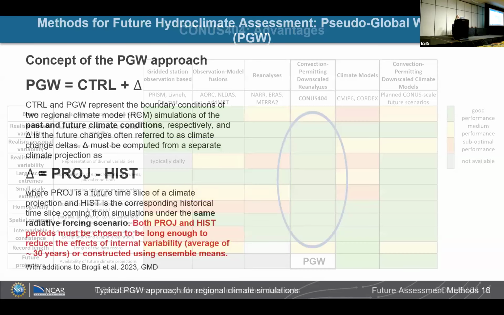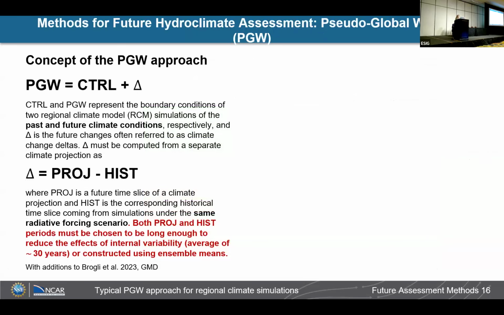So what the heck is pseudo-global warming? Okay, what it does, the PGW is some control that shows historic climate, and then a delta that looks at the difference between the projection into the future and the historic climate.